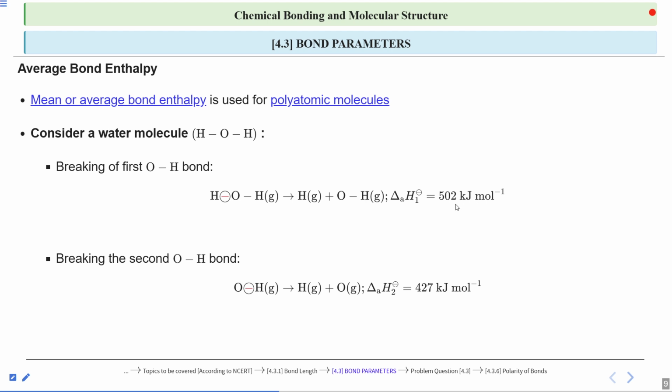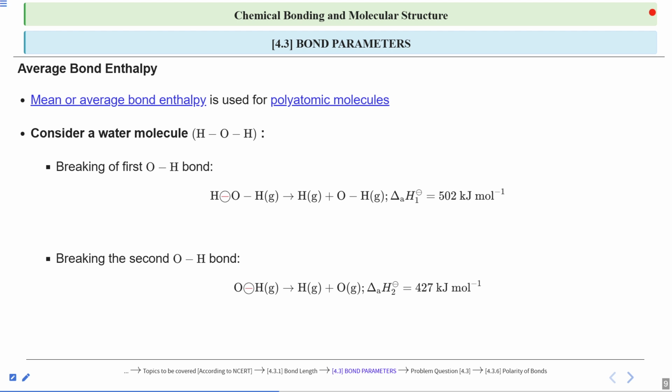For the first one, we are giving 502 kilojoule of energy per mole of the water molecule, whereas in this case we are giving 427 kilojoule per mole. It means to break these two bonds, we require two types of energies, because we can't break both of these bonds simultaneously.